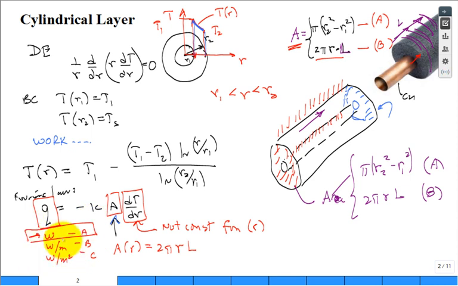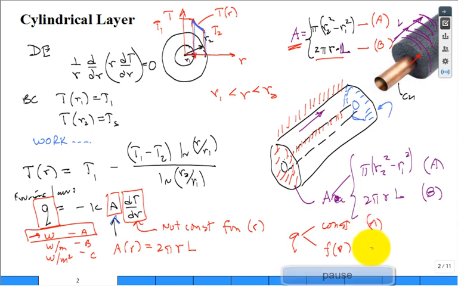Let me ask this question. Is Q a constant, or is it a function of R? Should that be a clicker question? Okay, Q, is it a constant, let's say 25 watts, or is it a function of R, R being the radial location as I'm going out through the insulation?